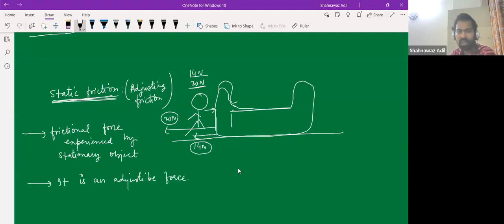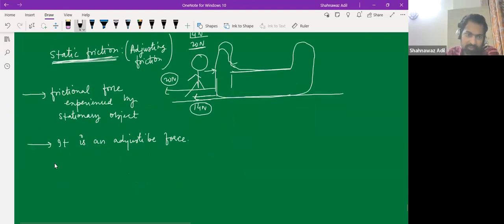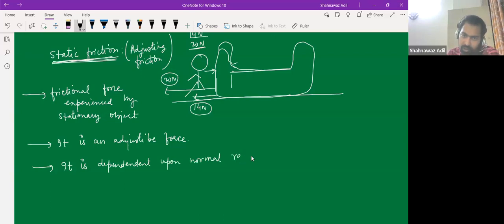Okay, and it is dependent upon normal reaction, right?